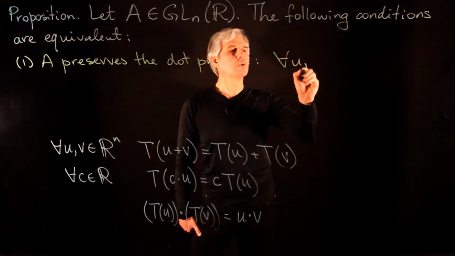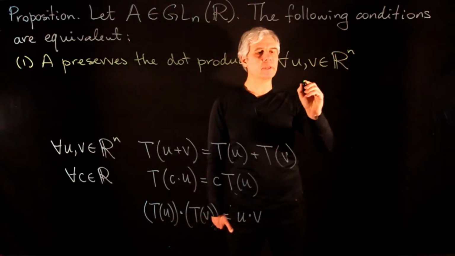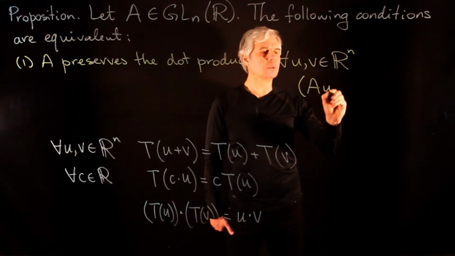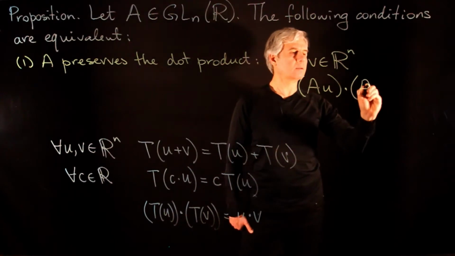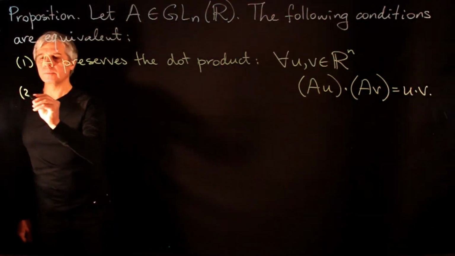For all u and v in R^n, we must have that the dot product of Au with Av is equal to u dot v.